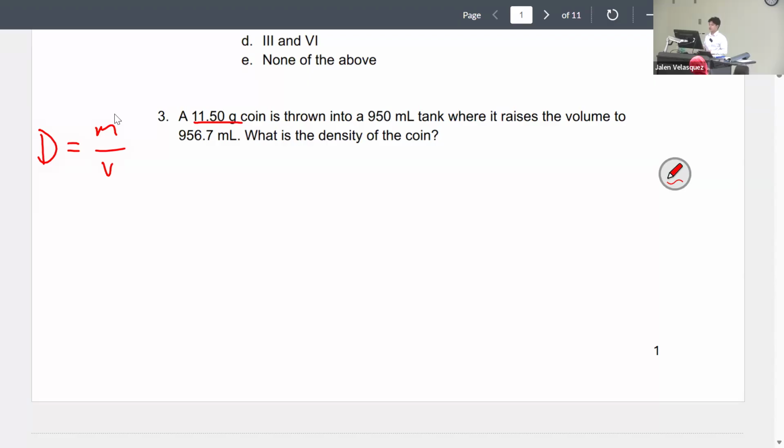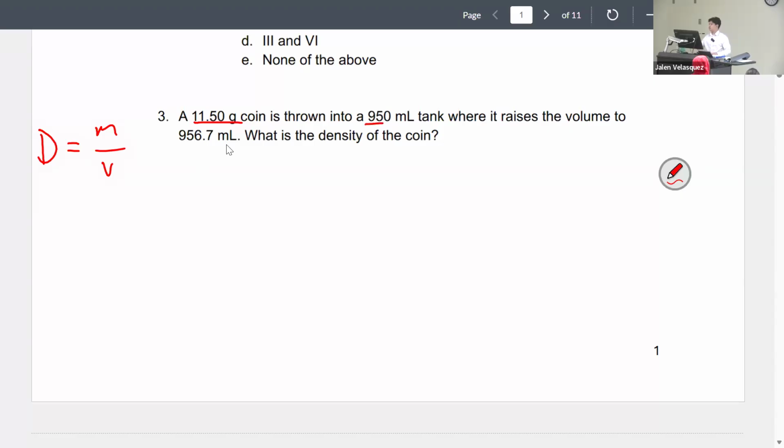956.7. Good. So remember, if the volume is not given to you, there's two ways you can get volume. If you have a solid, the volume is length times width times height, right? Another way you can get volume is by the displacement of something, right? So here you're taking a coin and putting it in water.